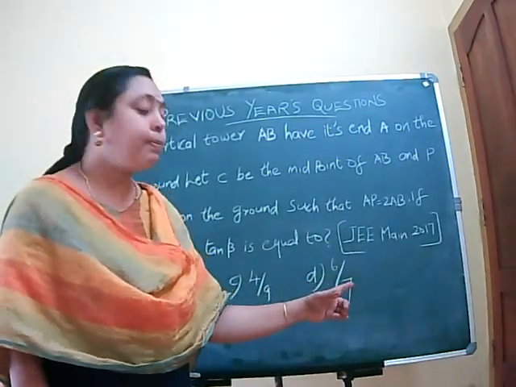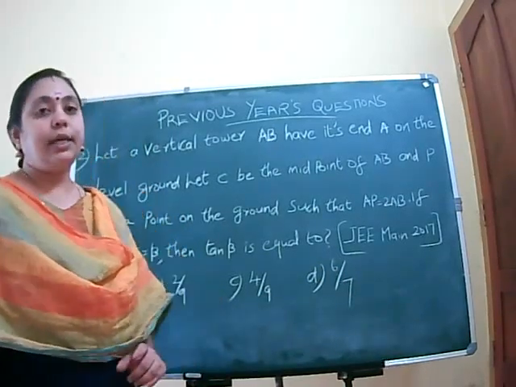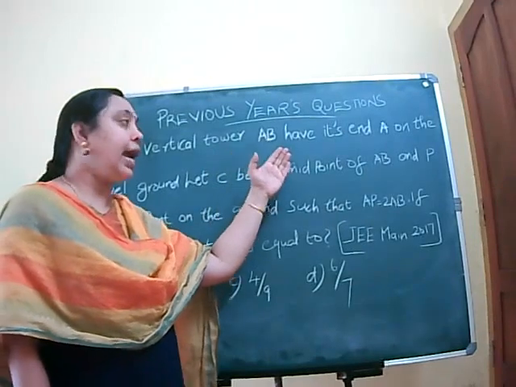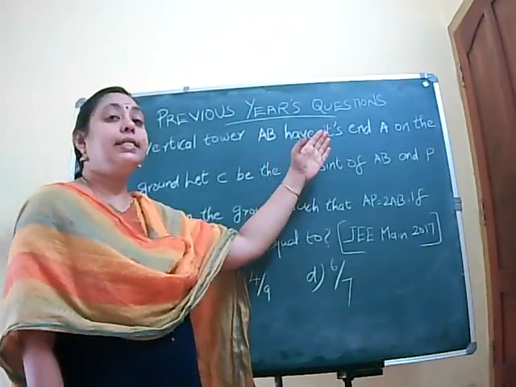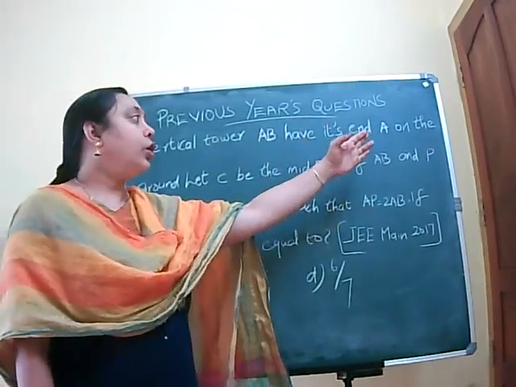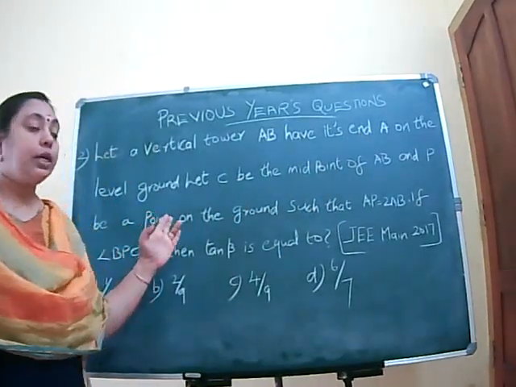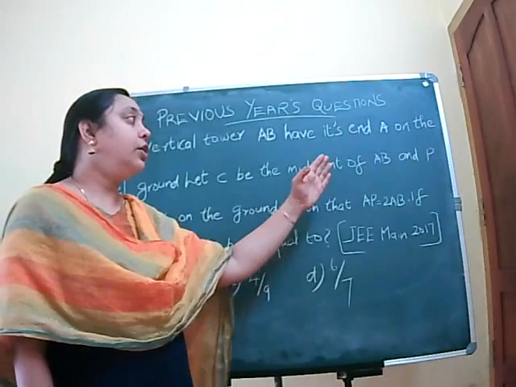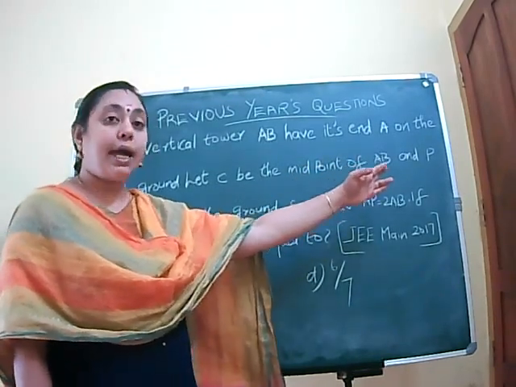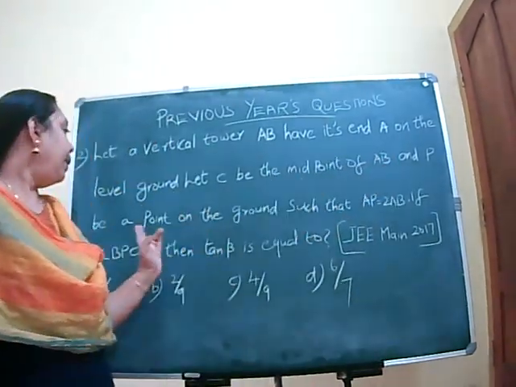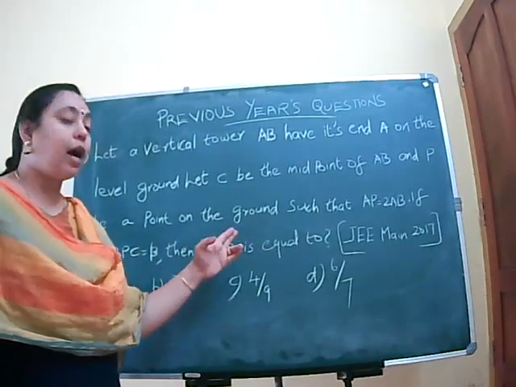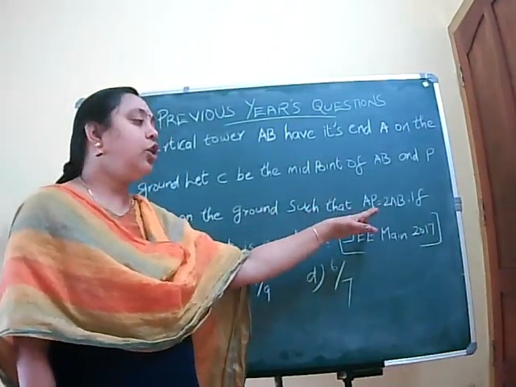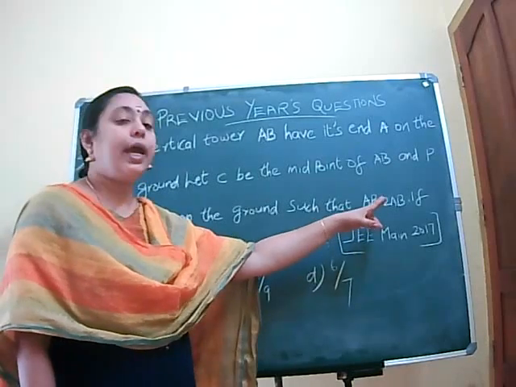D 6/7. Question: let a vertical tower AB have its end A on the level ground. Let C be the midpoint of AB and P be a point on the ground such that AP is equal to 2AB.